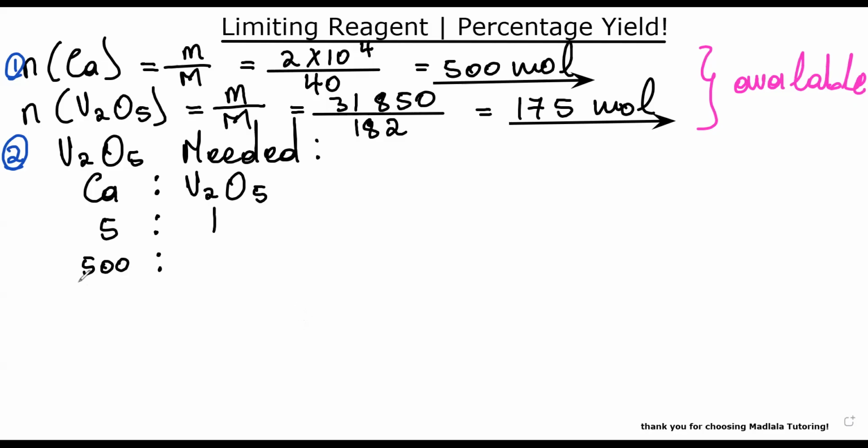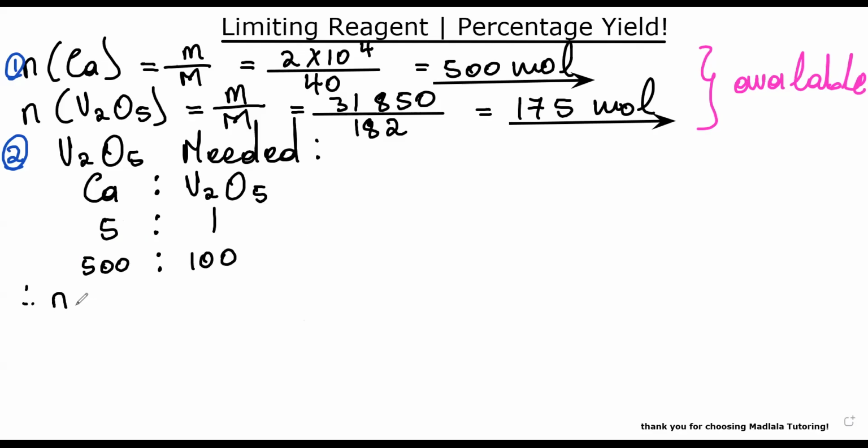Well, we take this one, divide it by that, multiplied by that 1. So when you say 500 divided by 5, you get 100, times that by 1, you simply get 100.